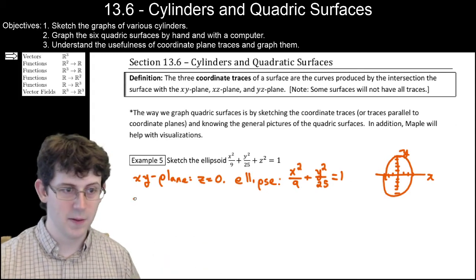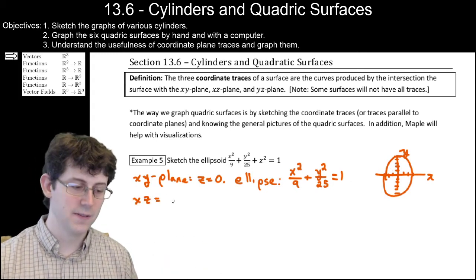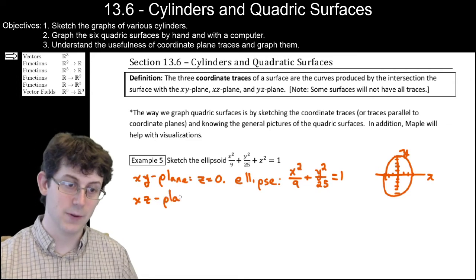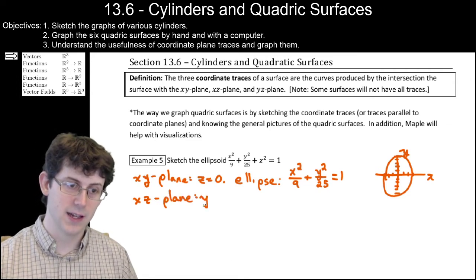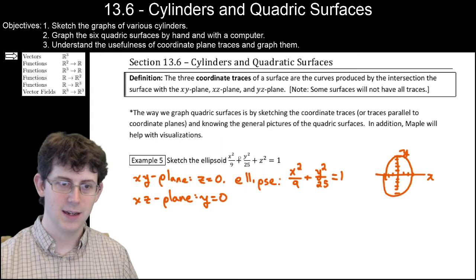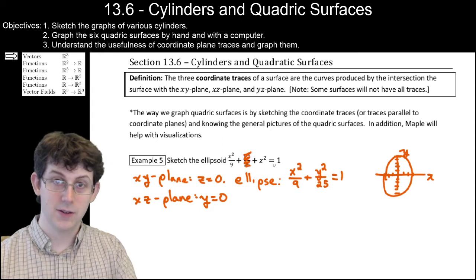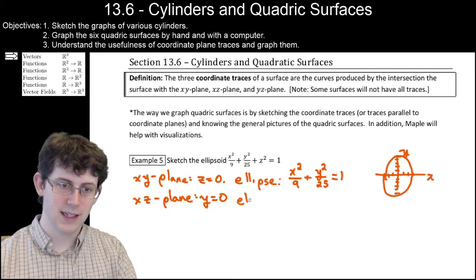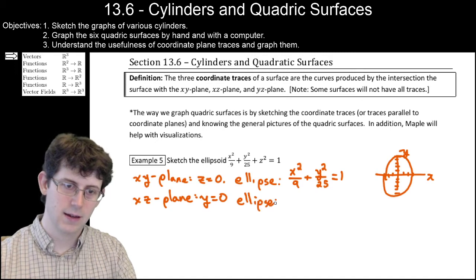Then you just do this for all the planes, and hopefully that's enough for you to piece together what the overall picture is supposed to look like. So the xz plane, y is 0, then you get a different equation. It's still an ellipse. It's x squared over 9 plus z squared equals 1.